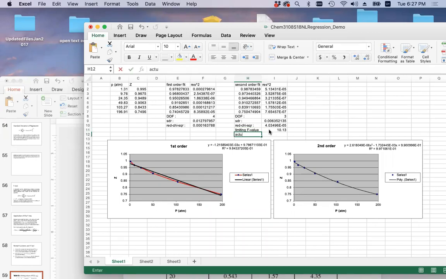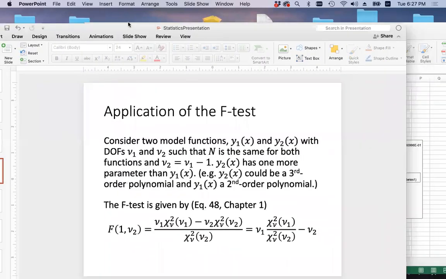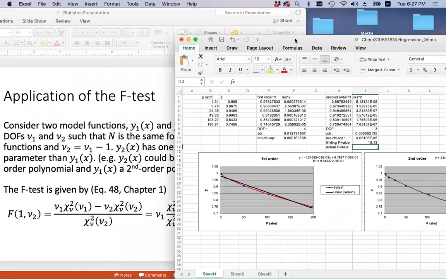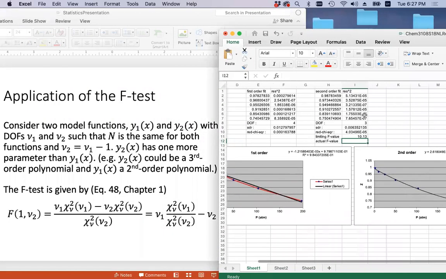And then the actual F value that comes from our measured data, we're going to have to calculate that. So let me show you the equation. The equation is given right here. Let me move this over so you can see the equation while I'm typing in Excel. So let me type in this equation.